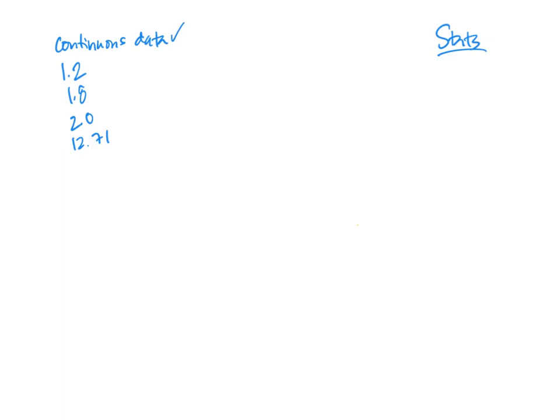There are other types of data, of course, that might be more correctly termed discrete data. And discrete data can have categories. It can be nominal or ranked. So an example of categorical or nominal data might be course 1 versus course 4.